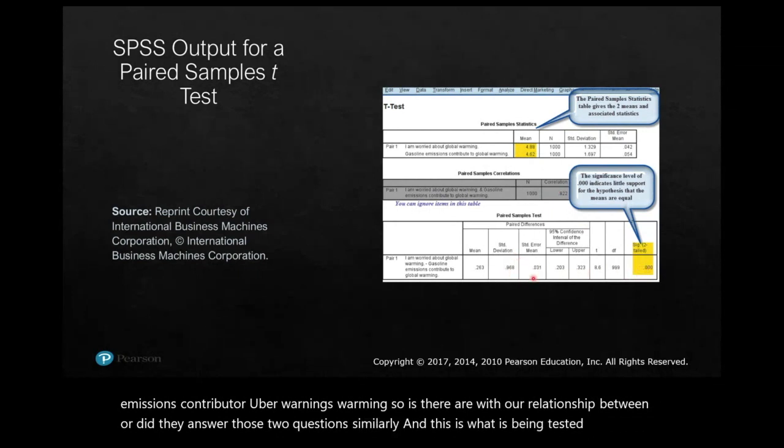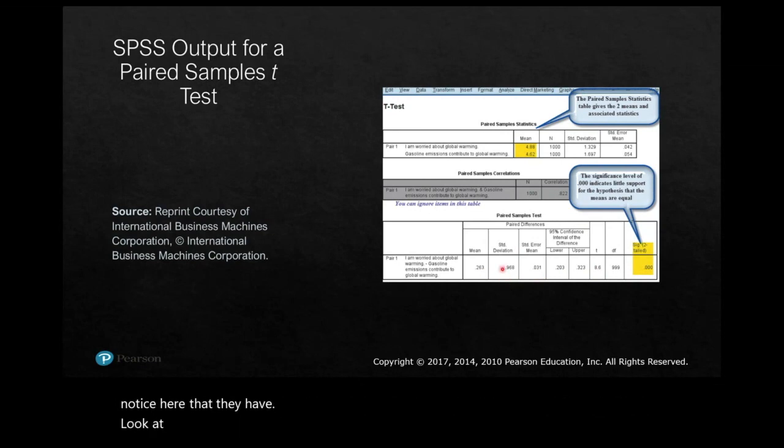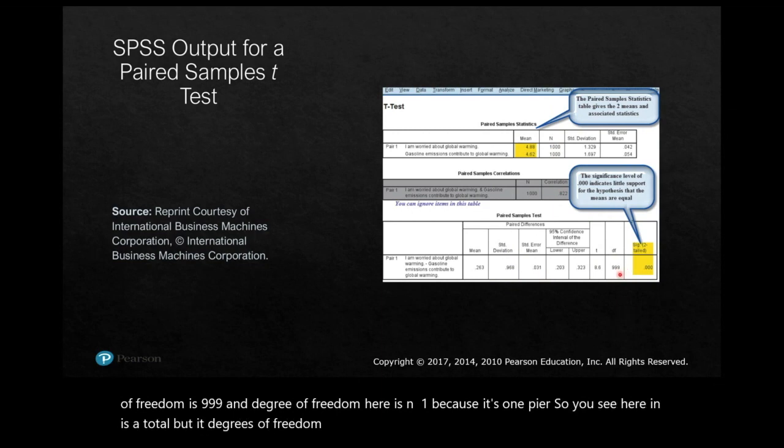So you notice here that they have looked at the mean difference, and now they have calculated a t-statistic, which is 8.6. The degrees of freedom is 999, and the degrees of freedom here is n minus 1, because it's one pair. So you see here n is the total, but the degrees of freedom is 999.